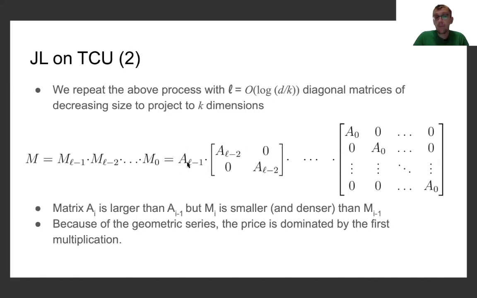At the same time, the size of the block diagonal that we use inside the matrix, so l minus 1, l minus 2, and so on, decreases. So when we consider matrices going to the right, we get larger matrices, but these matrices are also sparse. And since the costs decrease as a geometric series, the cost of all these matrix multiplications is dominated by the first one, the largest one, which we can compute using the Tensor Core units.